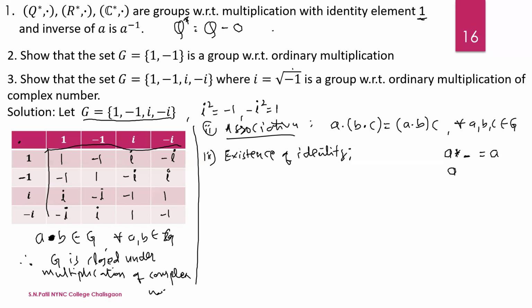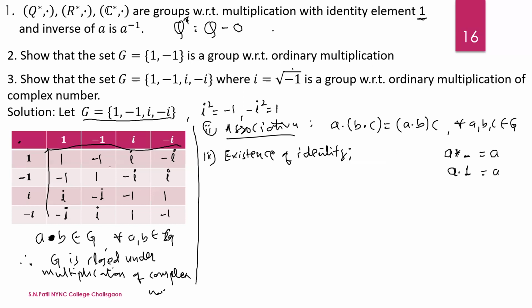The star is multiplication, that is the dot. So what will be the number such that we get A as it is? The number should be 1. So you can take any element, there is an identity element, which is 1.